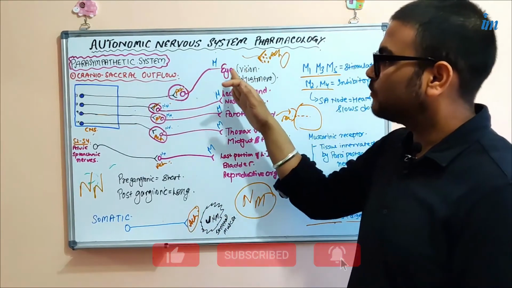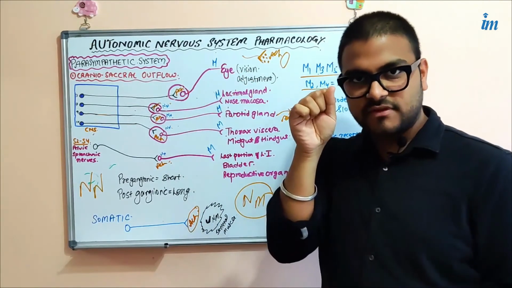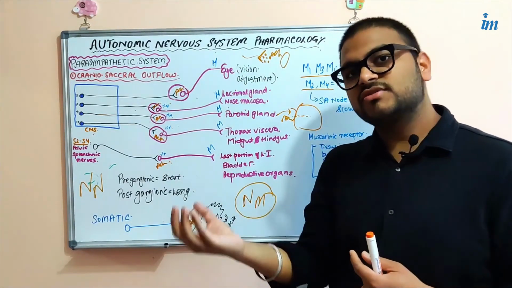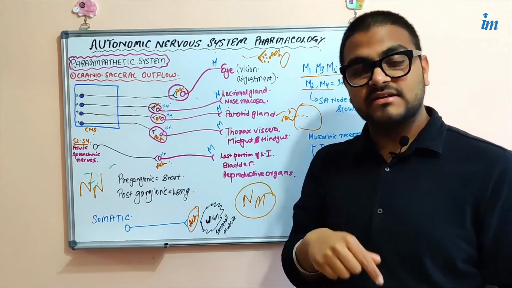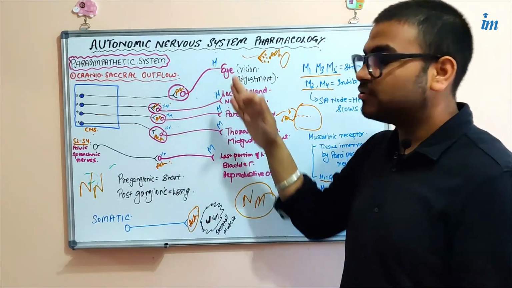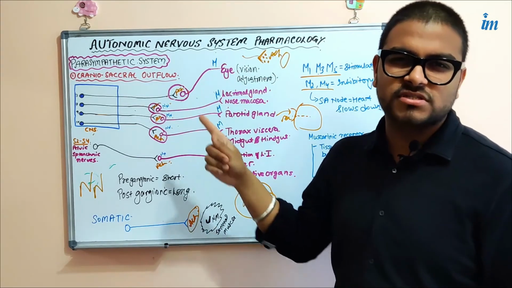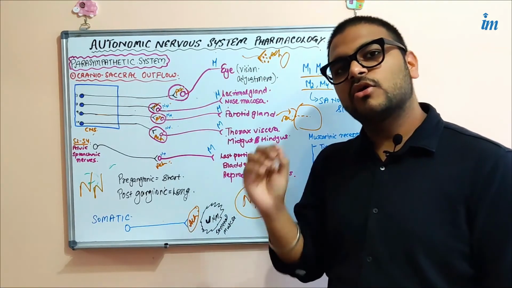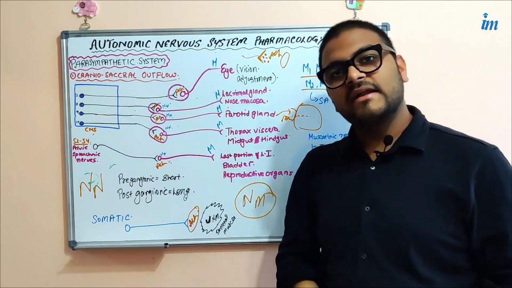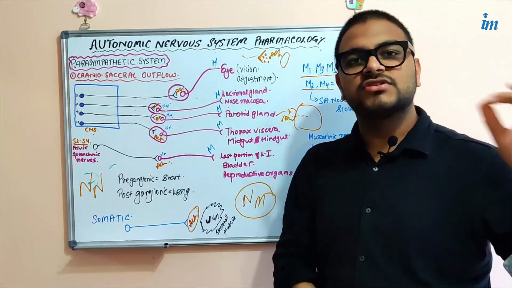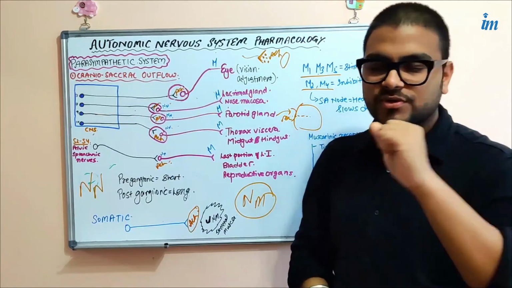The parasympathetic will cause contraction of the pupils and accommodation for near vision if it is activated. But if the sympathetic is activated, the postganglionic neurons of the sympathetic nervous system on the eye will cause the eye to accommodate for far vision. The lens will be accommodated for far vision and the pupil will be dilated, not constricted.